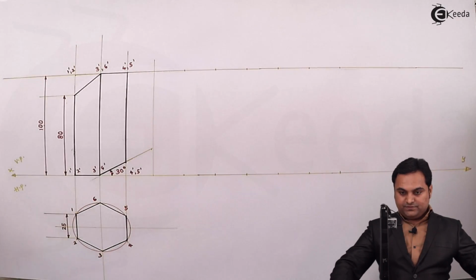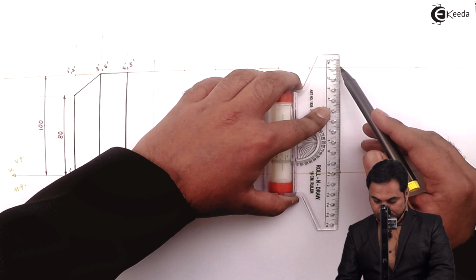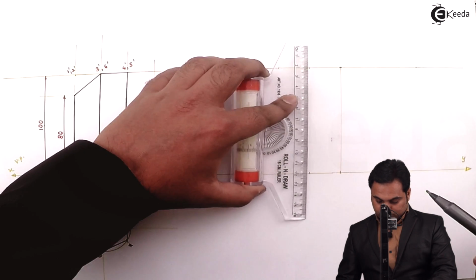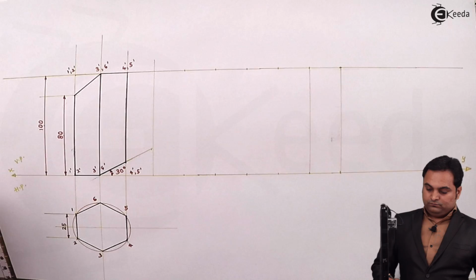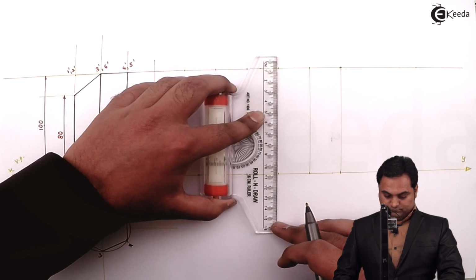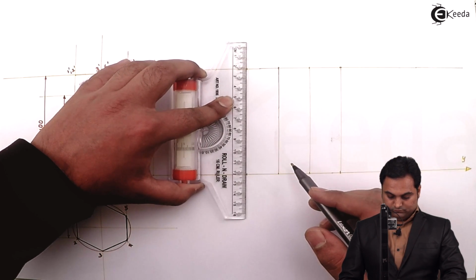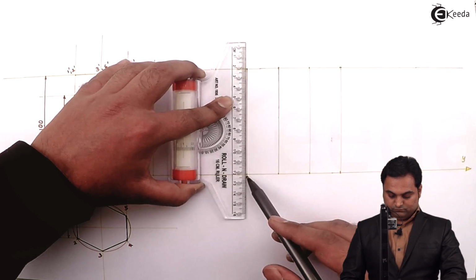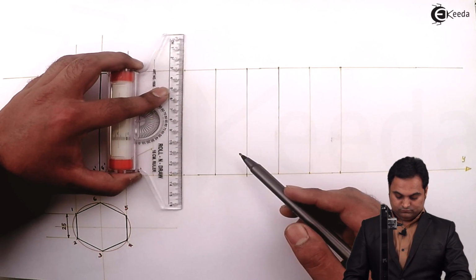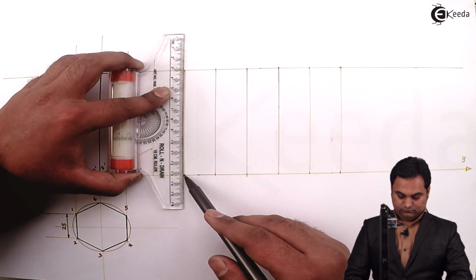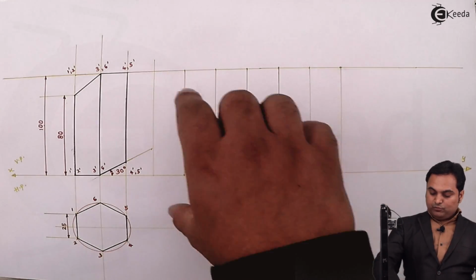Connecting them with the help of light lines. So here I have plotted the 6 rectangular faces and I have projected them light.